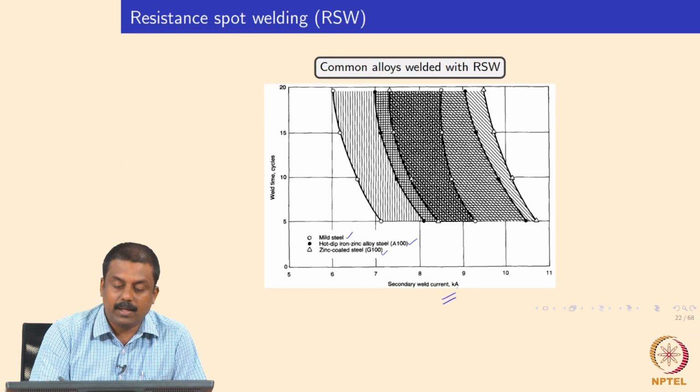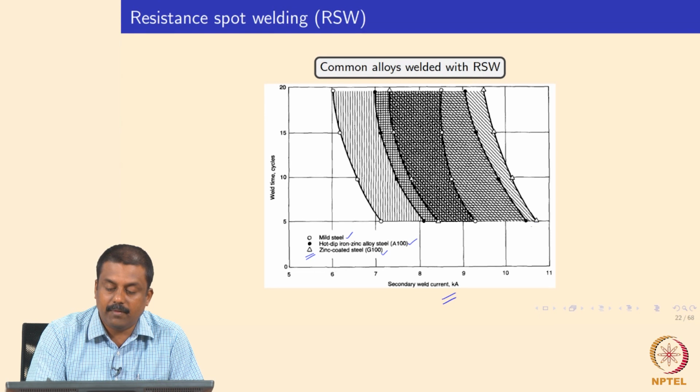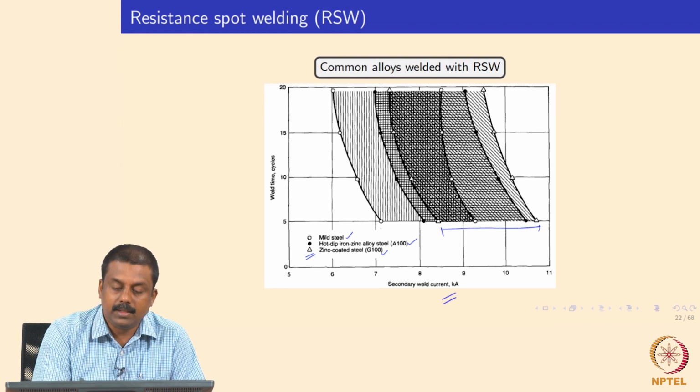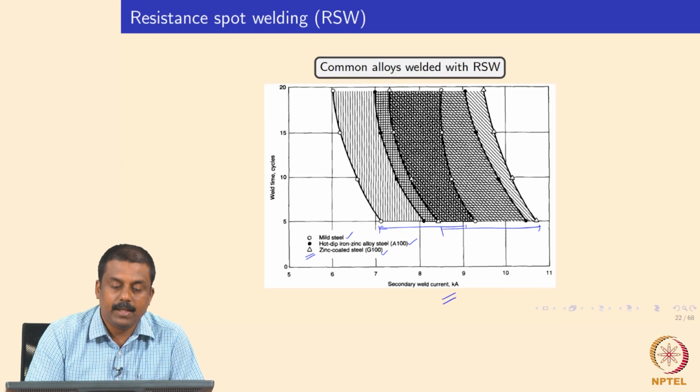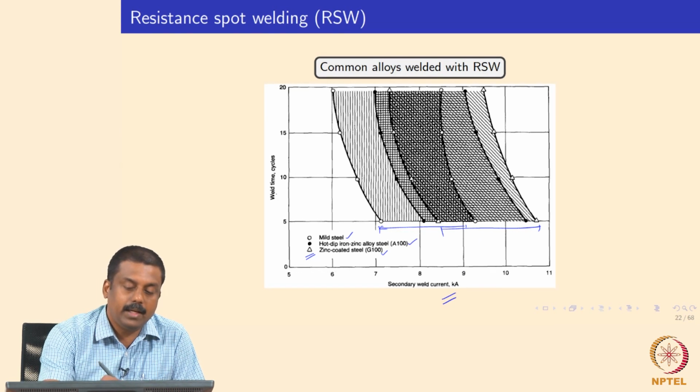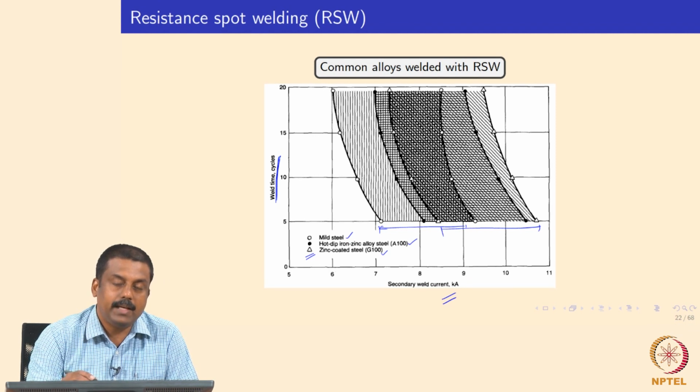Ideally, for a zinc coated steel, you need a slightly higher current than for mild steel, because you have a bare surface in the mild steel without any coating. The weld time here, you need to note, is mentioned in cycles.